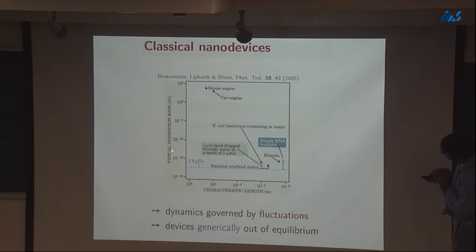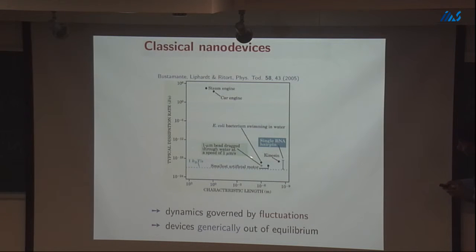Here is the typical dissipation rate in joules per second as a function of characteristic length. This is your steam engine, and this is your car engine. And where we are at the moment, this is kinesin, the molecular motor for transporting molecules on RNA. You have the smallest artificial motor made here. Also you can have tiny beads of micron size and move or drag them.